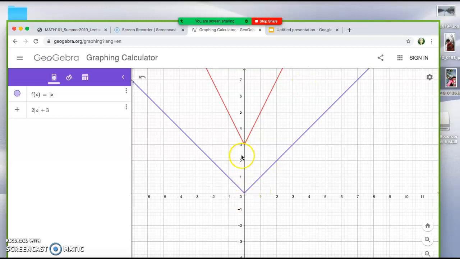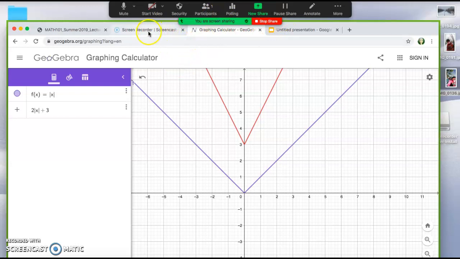So we went up 3 units because of the plus 3 on the outside, and the graph got more narrow. It was vertically stretched. When you stretch something vertically, it gets more narrow. So we went up 3 units and it got more narrow because we multiplied by 2, and it's on the outside, which is greater than 1.